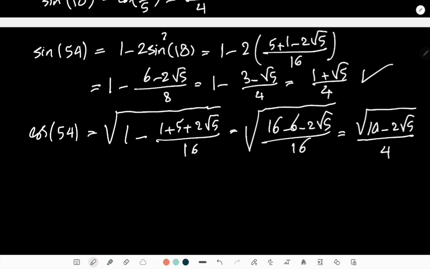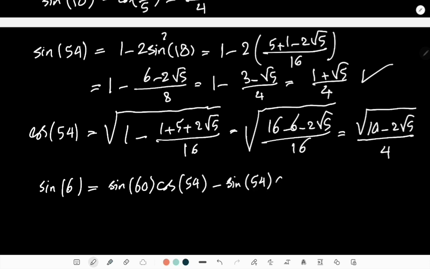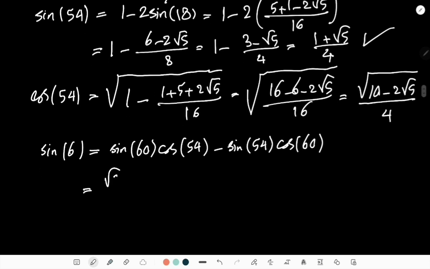So you remember our formula. I won't go back up there again, but let's just write it. Sine of 6 was sine of 60 times cosine of 54 minus sine of 54 times cosine of 60, right? So if I replace these values, then I get square root of 3 over 2.